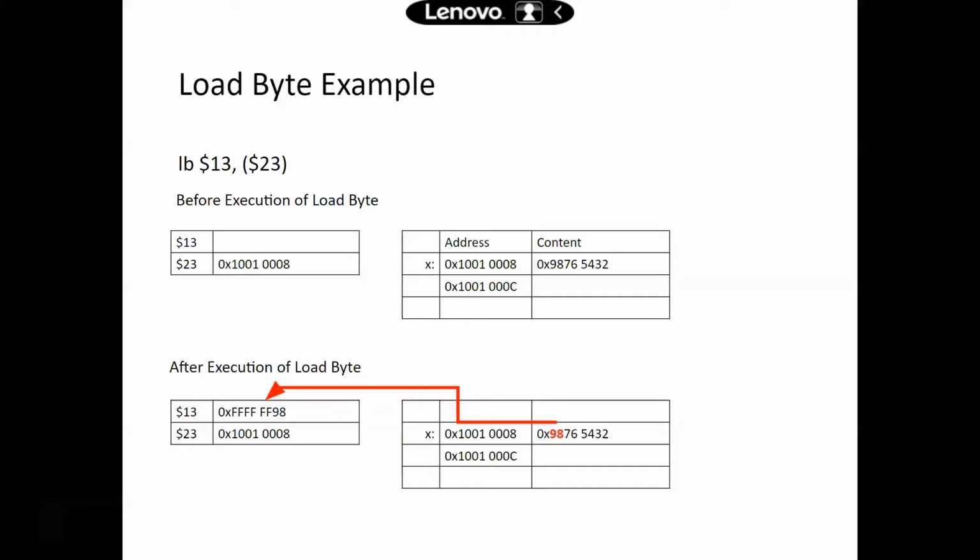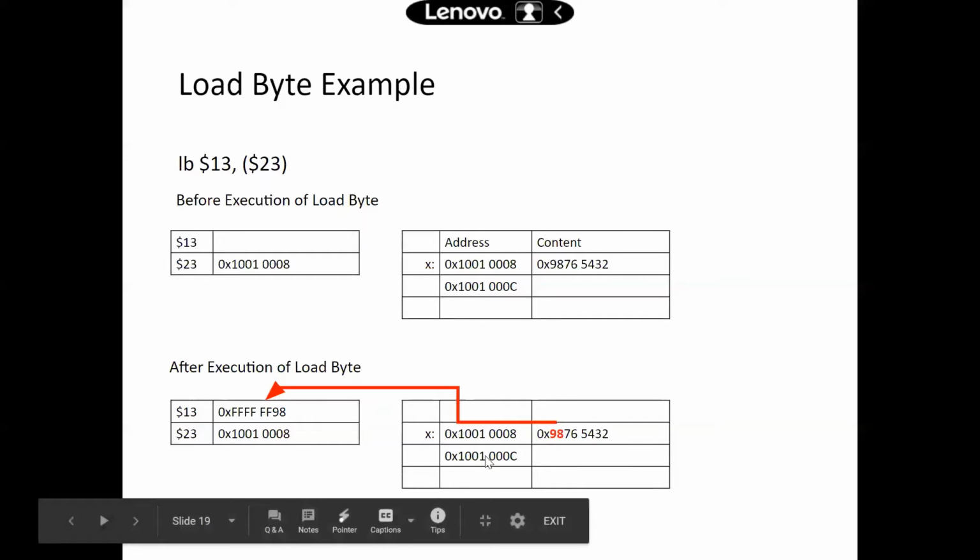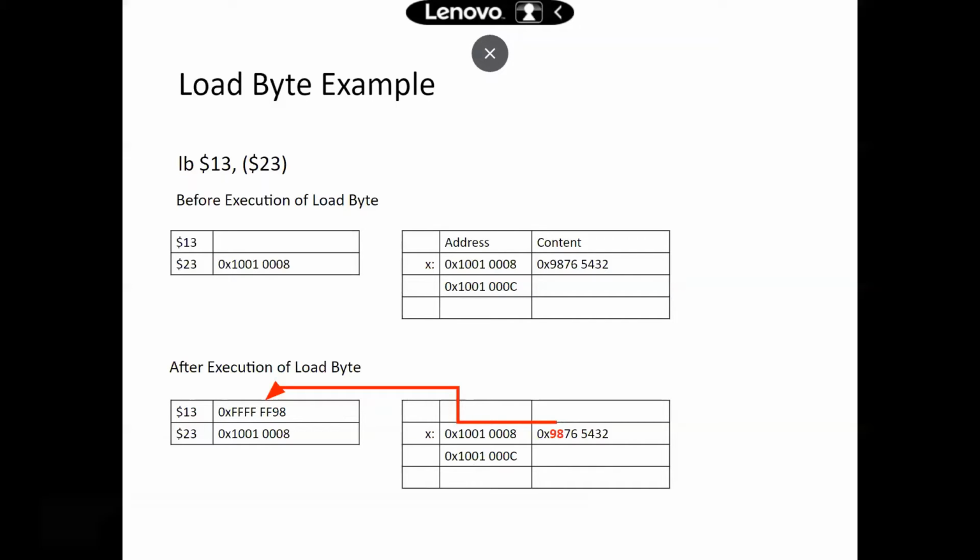I don't know. Originally, this is in two's complement, so our two's complement negative numbers already have ones. So 9, for example, is going to be 1001. That's going to be 9.